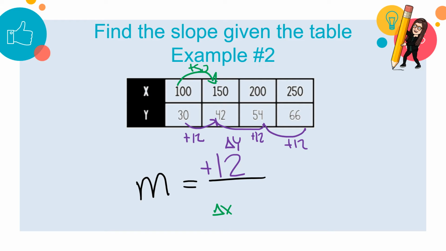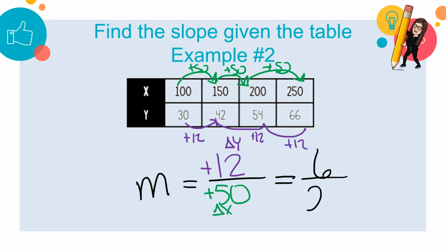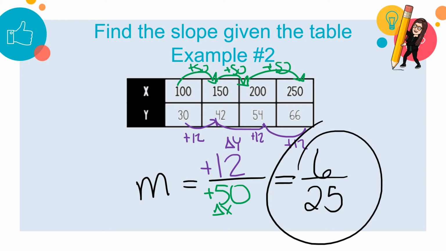I added 50, added 50. Perfect. I have a continuous pattern of adding 50. Now, a positive divided by a positive is going to stay positive. 12 fiftieths, though, we can cut that in half. 6 25ths. We still want to reduce fractions if needed.